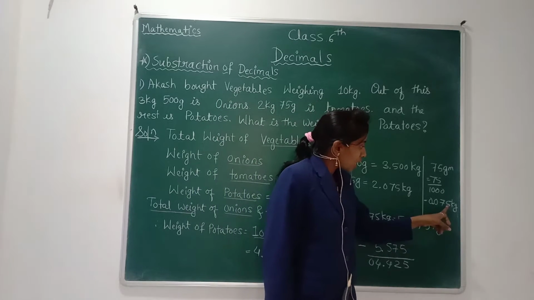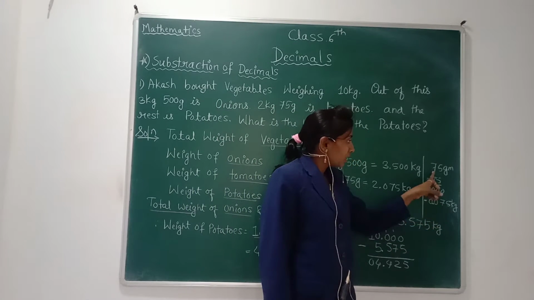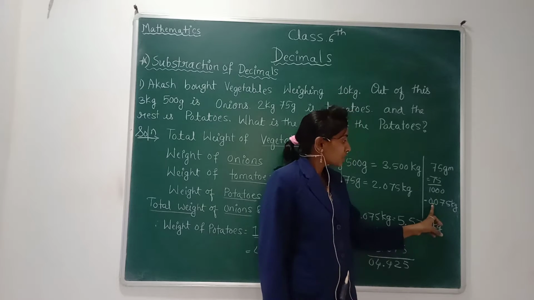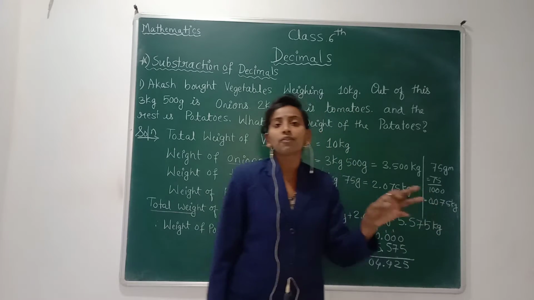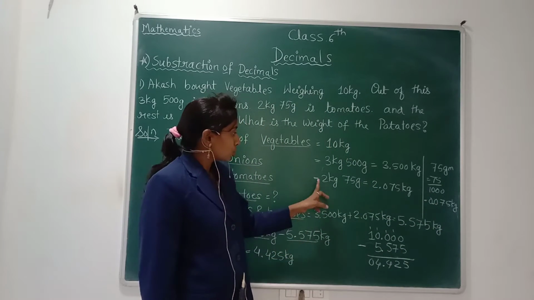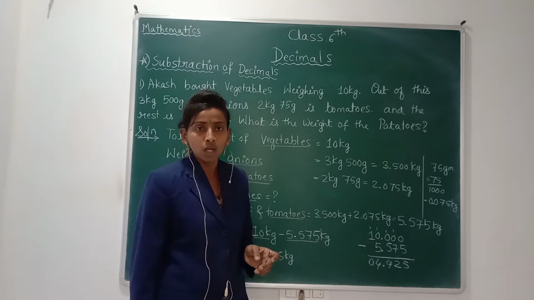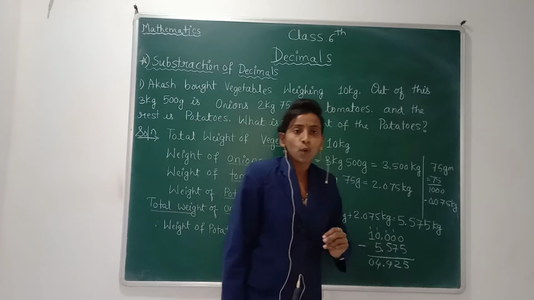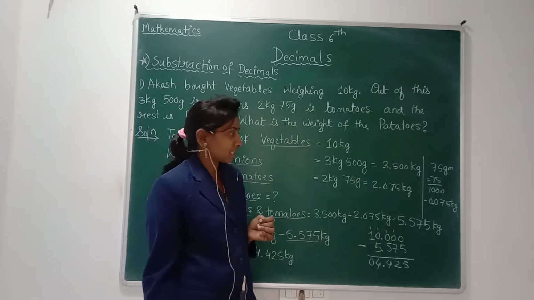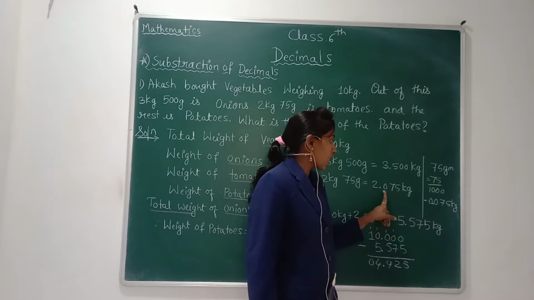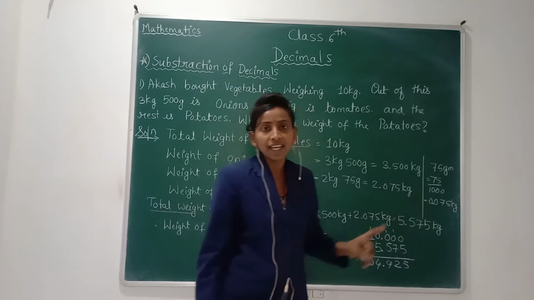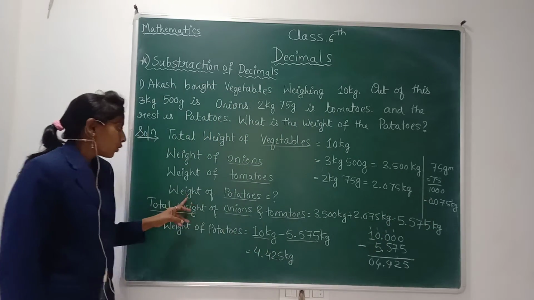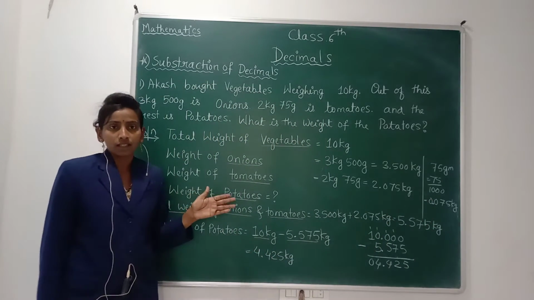So 75 gram is equal to 0.075 kg. The 2 kg is already whole, so to this 2 kg we add 0.075 kg, and it becomes 2.075 kg.